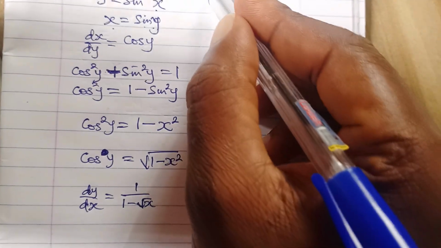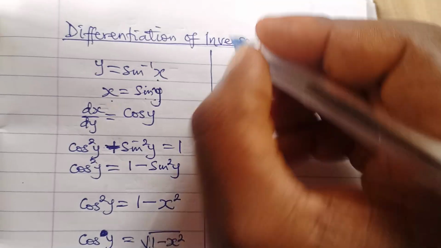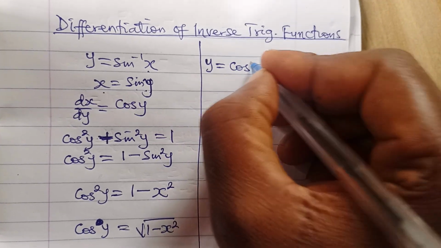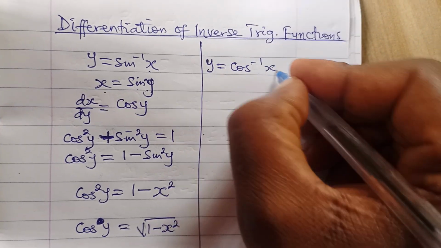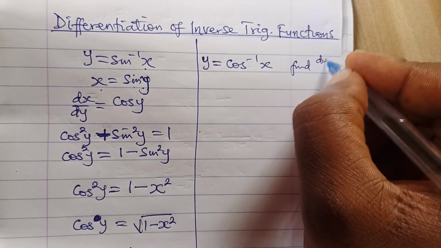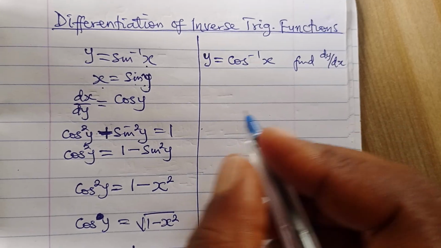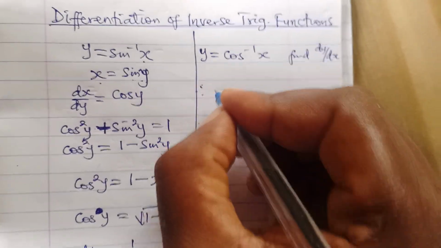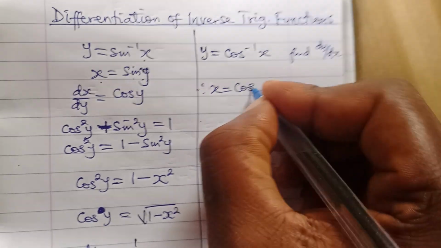If we follow the same way, we can also check this: y is equal to cos inverse of x, and we now want to find dy/dx. Let's begin by saying that x is equal to cos y.